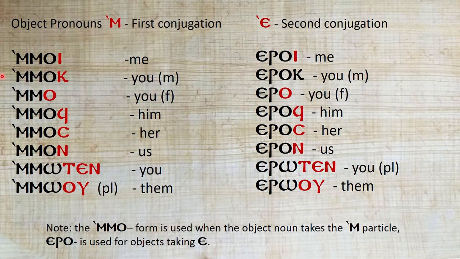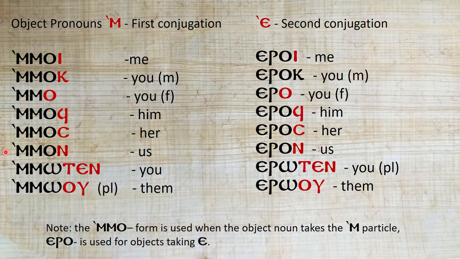And what about emmok, you, masculine. And emmo, you, feminine. Emmof, him. For example, ek-saun emmof, do you know him? And emmos, her, also ek-saun emmos, do you know her?